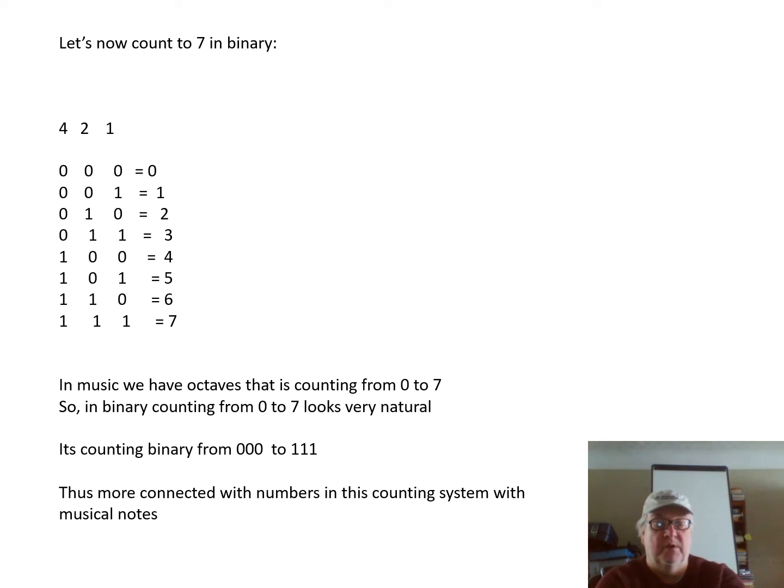In music we have octaves, that is counting from 0 to 7. So in binary, counting from 0 to 7 looks very natural. It's counting binary from 0 0 0 to 1 1 1. Thus numbers in this counting system are more connected with musical notes.